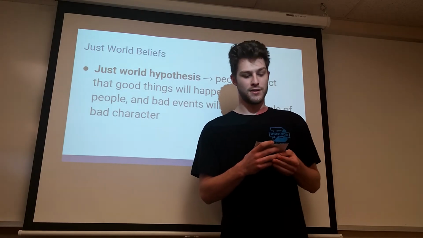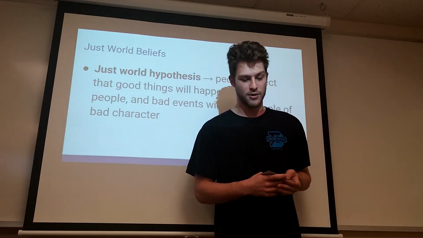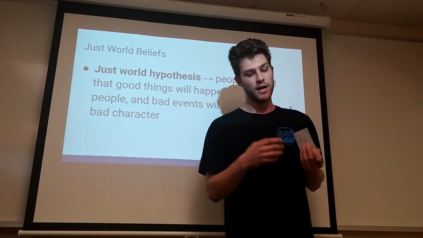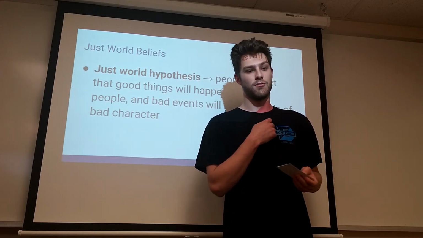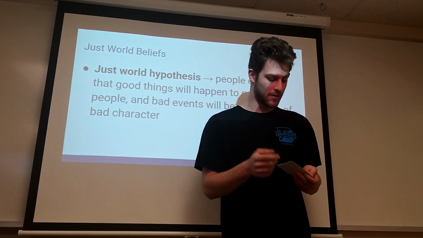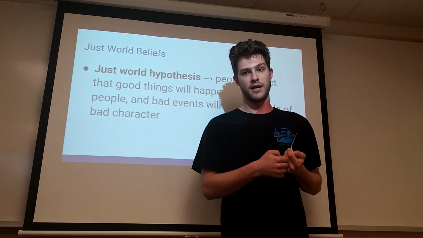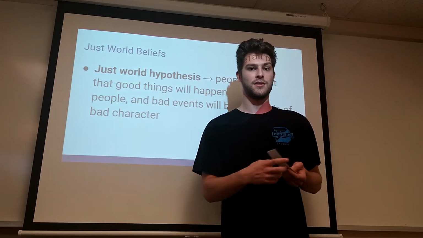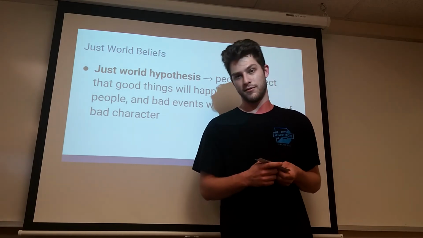And suffering is seen as being earned or observed based on the situation that a PWD puts themselves in. So for example, if you're in a car accident and you don't wear a seatbelt, outsiders would be very critical of you not wearing your seatbelt. Or if a child who has cancer, who's just diagnosed with cancer, who hasn't really done anything in the world, hasn't done much bad, that's also contradictory with the just world belief.